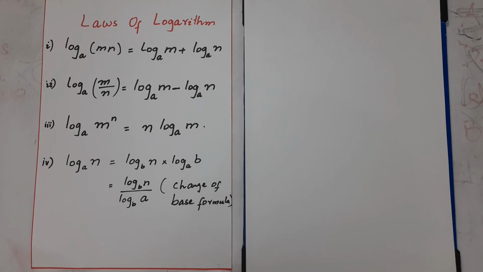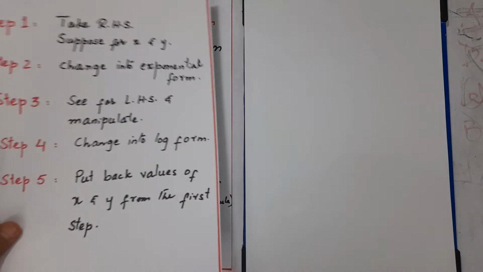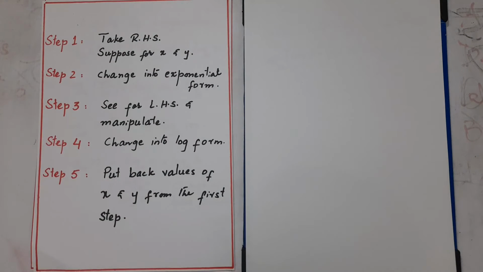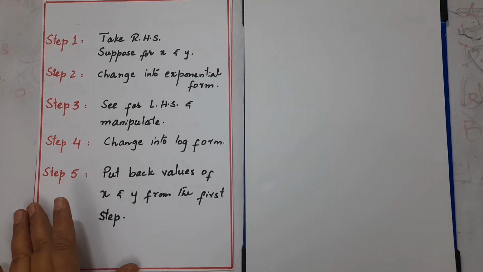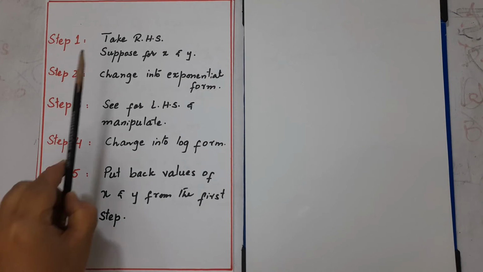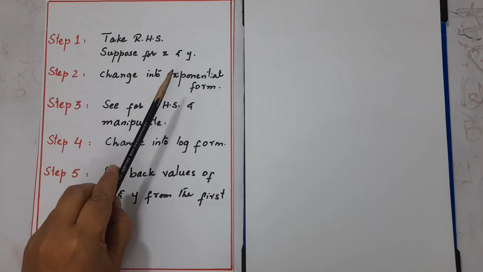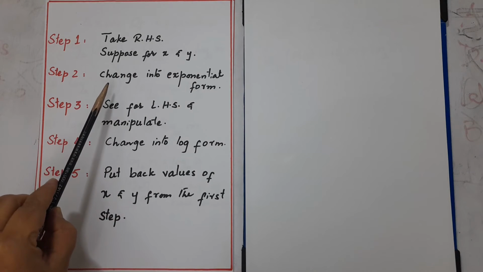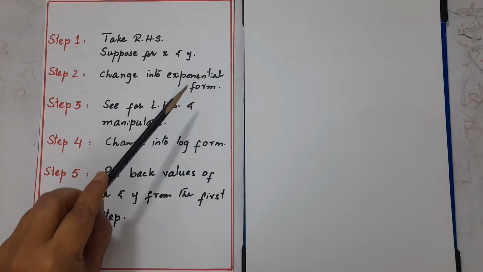Now we are going to prove the laws, but there are certain steps that we are going to learn on our fingertips. When we prove the laws, step 1 is to take the right hand side and suppose values for x and y. Then we convert them from logarithmic to exponential form.